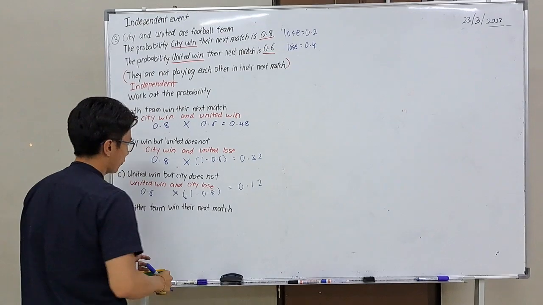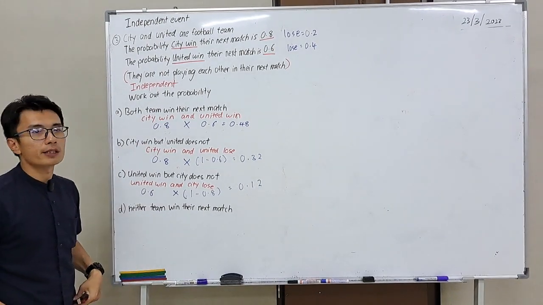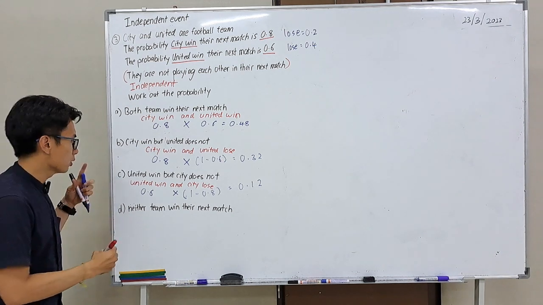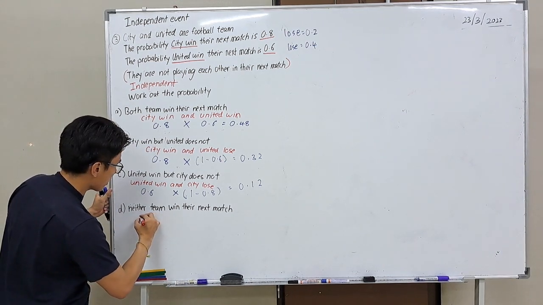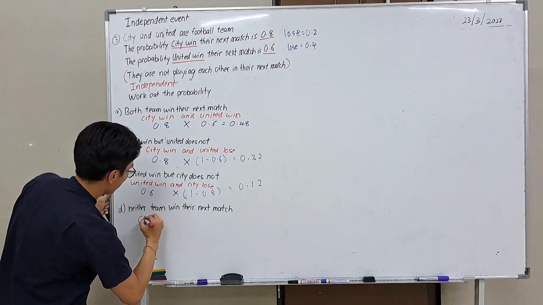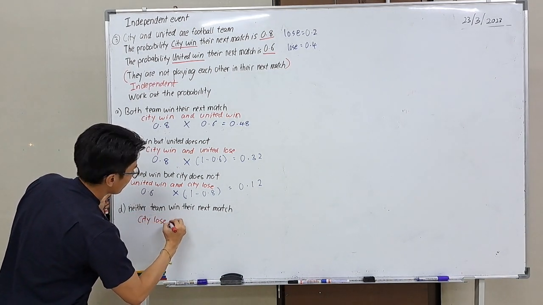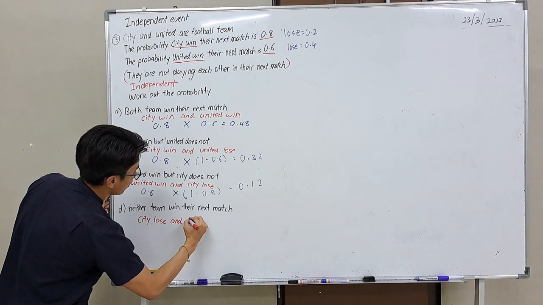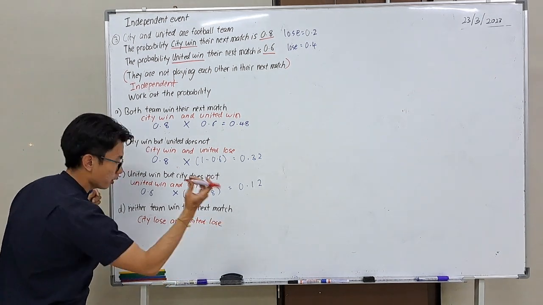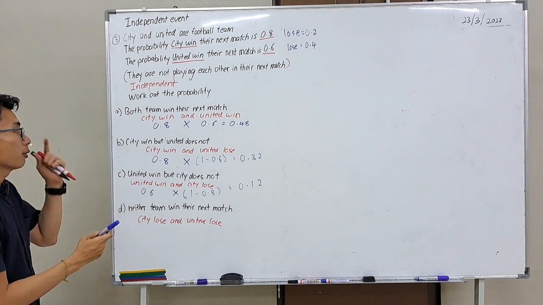And finally, neither team wins their next match. So neither team wins. How do we rephrase this? We can say it as City lose and United lose. So what are the probabilities over here?